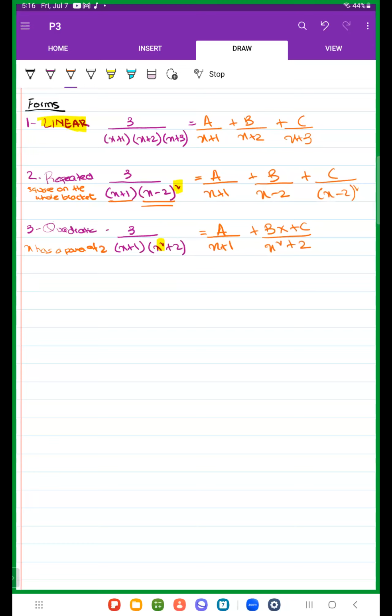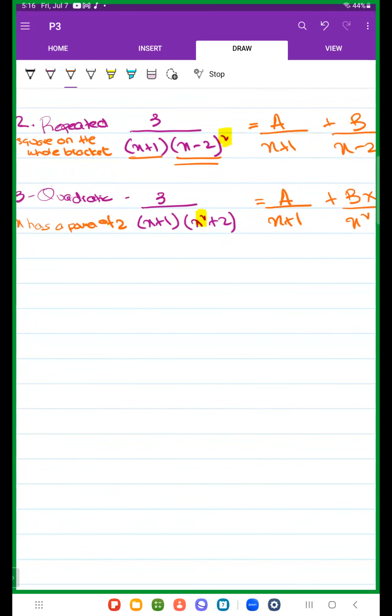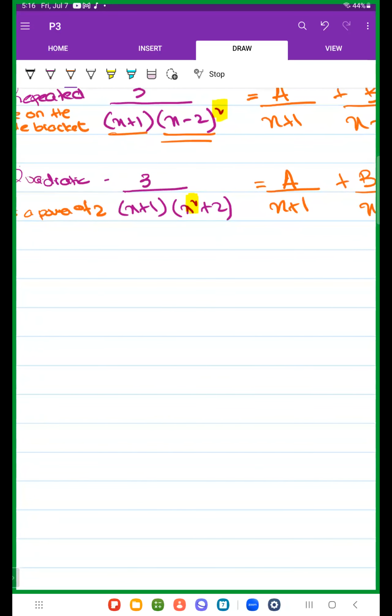Do you understand the 3 forms? For the last one, can you explain it? Because I couldn't hear you well. Yes. In the third form, you have a linear bracket and a quadratic bracket. A quadratic bracket is a bracket where x has a power of 2.